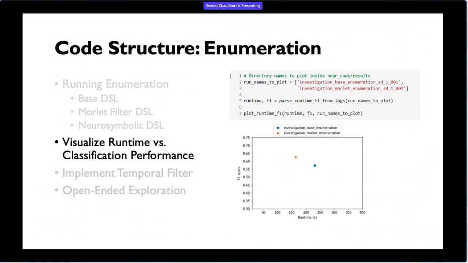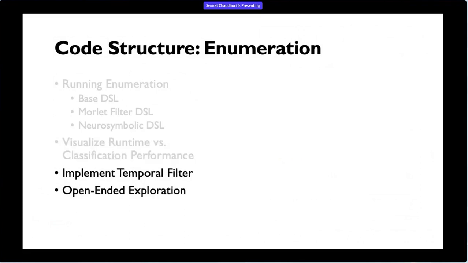Armando talked a little bit about this, but the idea is that we have runtime on the x-axis and the F function on the y-axis. In general, being higher up and to the left is much better. I think in that graph it was lower and to the left. But in the sense that what we would usually see is that having better DSLs leads to much better accuracy, and also allows us to get to a much better solution in a lesser amount of time.